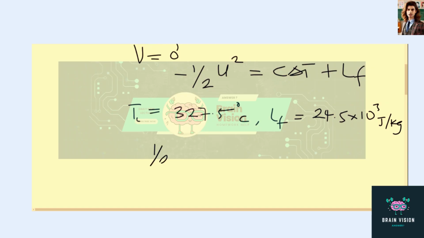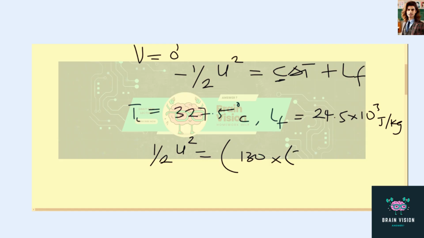So we'll say that half u squared is equal to the specific heat capacity, which is this c for the lead bullet, 130 joules per kilogram per Kelvin, multiplied by the temperature change.